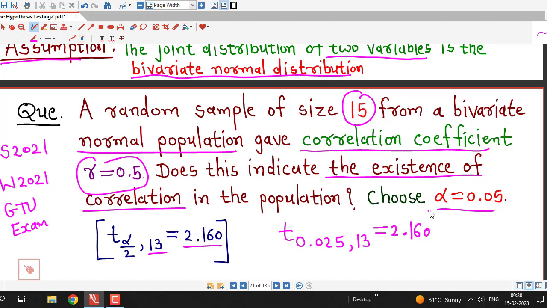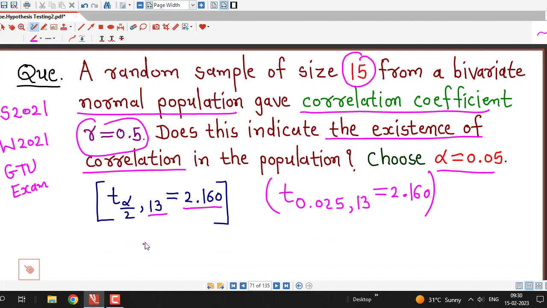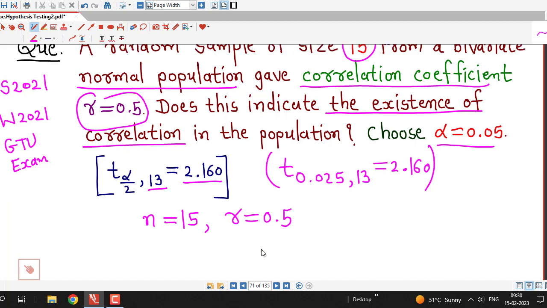The table value is 2.160 for 13 degrees of freedom and alpha by 2, that is 0.05 by 2, which is t 0.025. This is already given, so you need not use the table. Here we are given sample size equal to 15, and they have calculated the correlation coefficient for that sample as 0.5, and from this we have to answer the question: does this indicate the existence of correlation in the population? From the sample we can say that there is a correlation between the two variables.